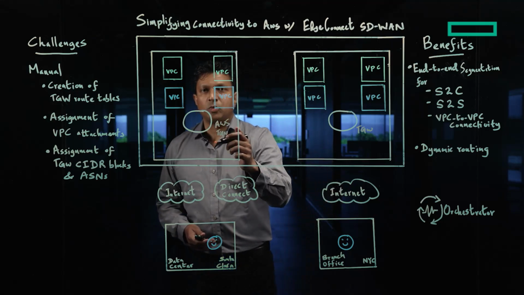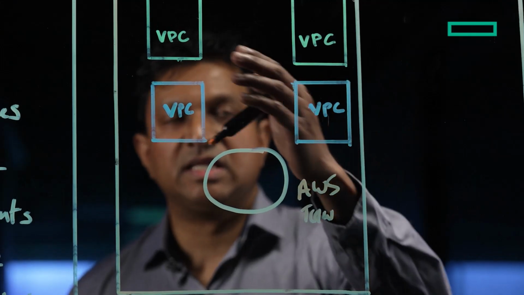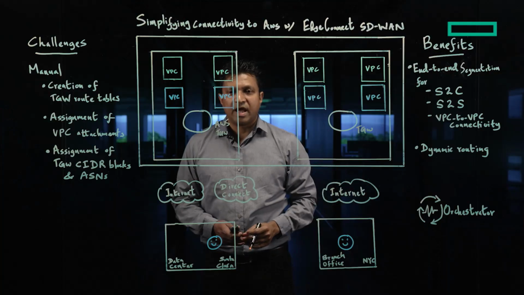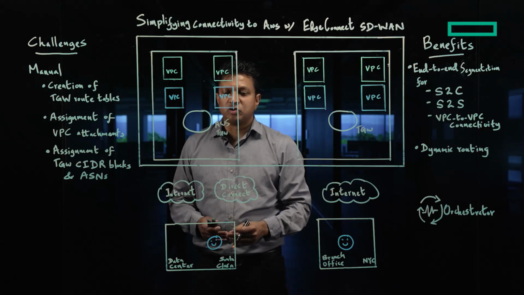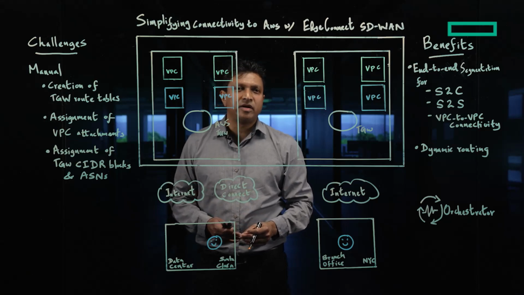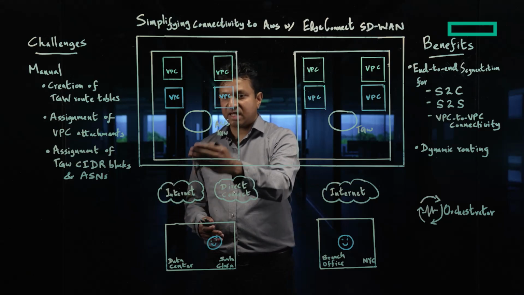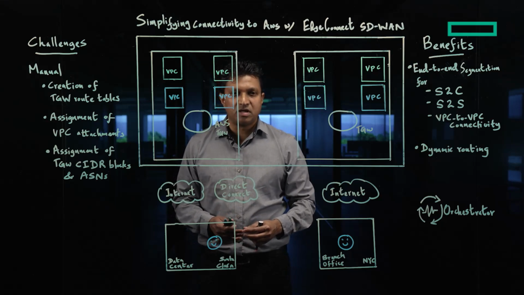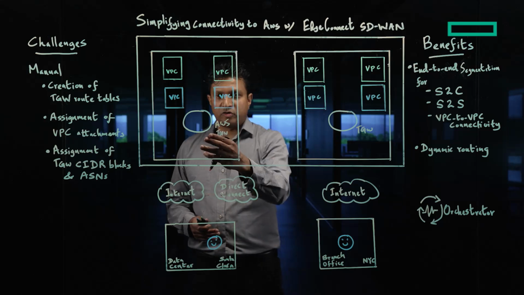Using a transit gateway, you can easily create a hub and spoke environment in your region, and it also allows you to terminate tunneling protocols like IPsec, GRE, and also you can terminate your Direct Connect links on the transit gateway.